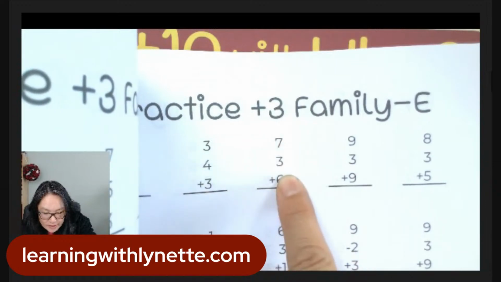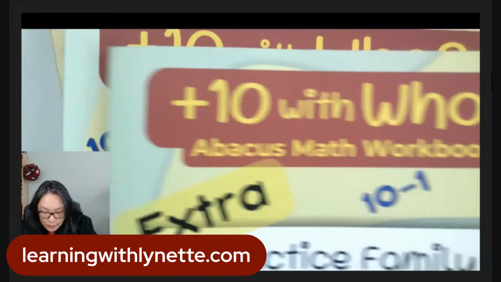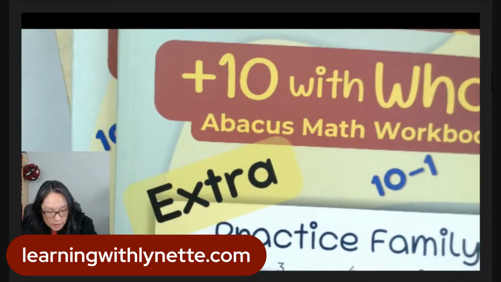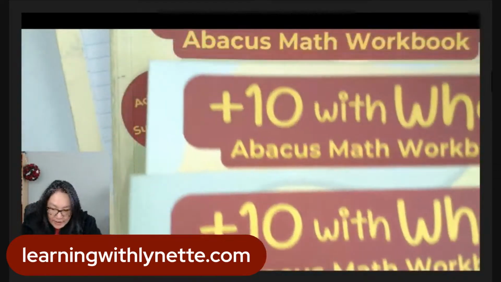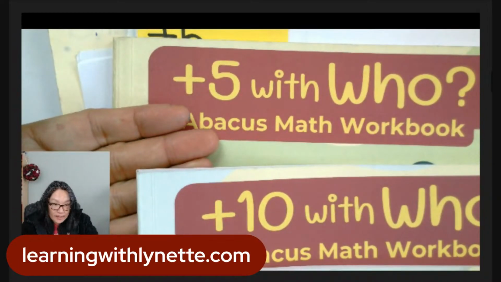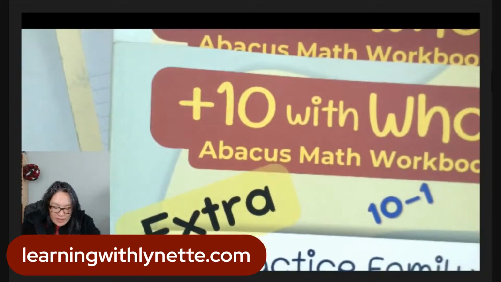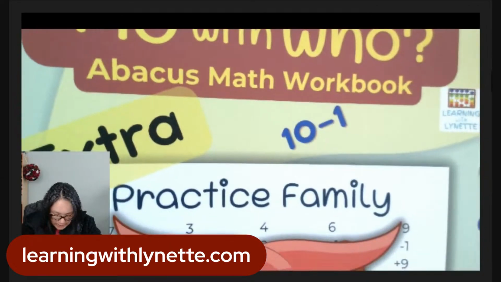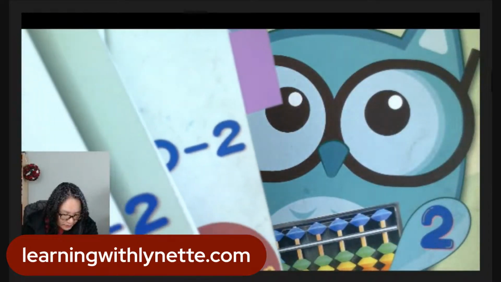So this one is 7 plus 3 and then plus 6, and that's all it is, if you want extra practice. And then I have another book that comes in between, the minus fives, and I'm working on the minus tens. This one was more towards young kids, I think I said 5 to 7, 5 to 8.